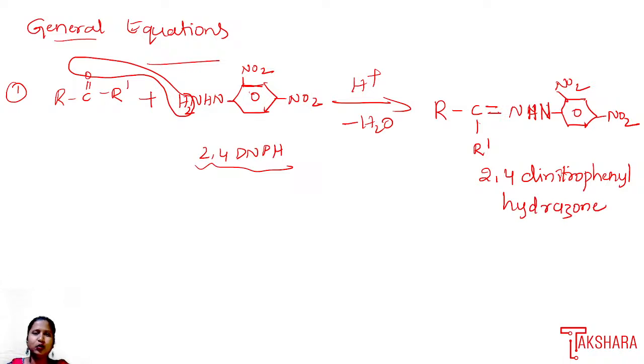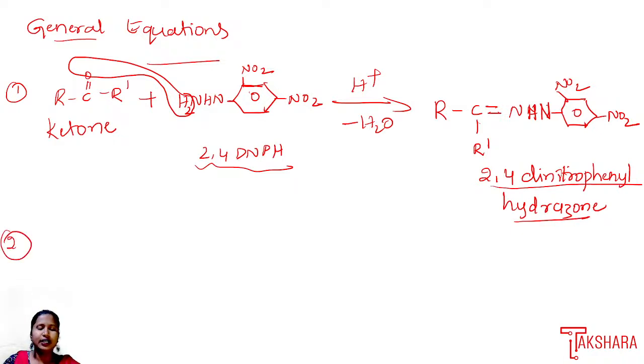Okay, so when a ketone undergoes the reaction with what? 2,4-DNPH in an acidic medium, it is going to form the product what? The 2,4-dinitrophenyl hydrazone product we get.